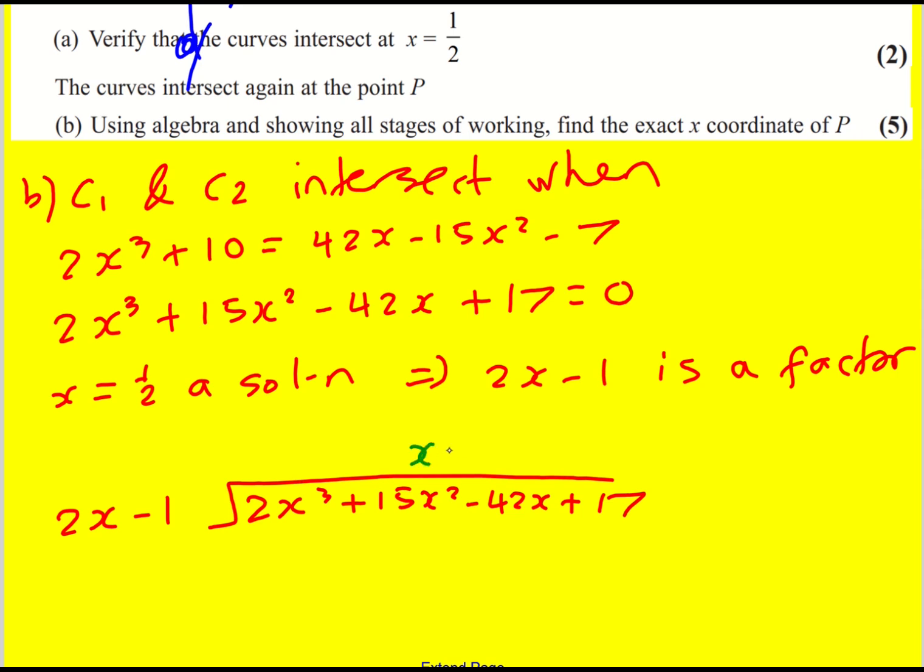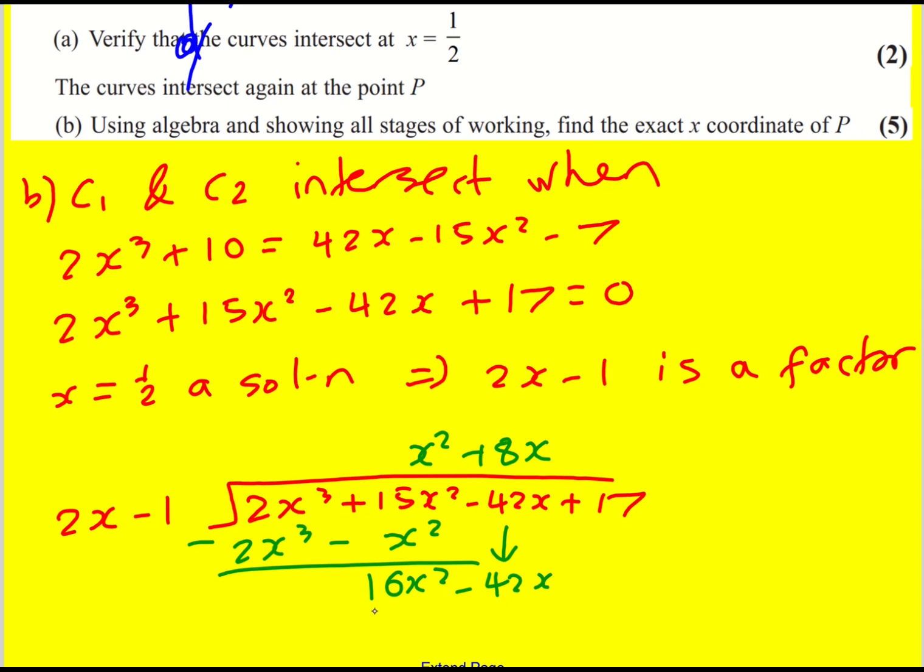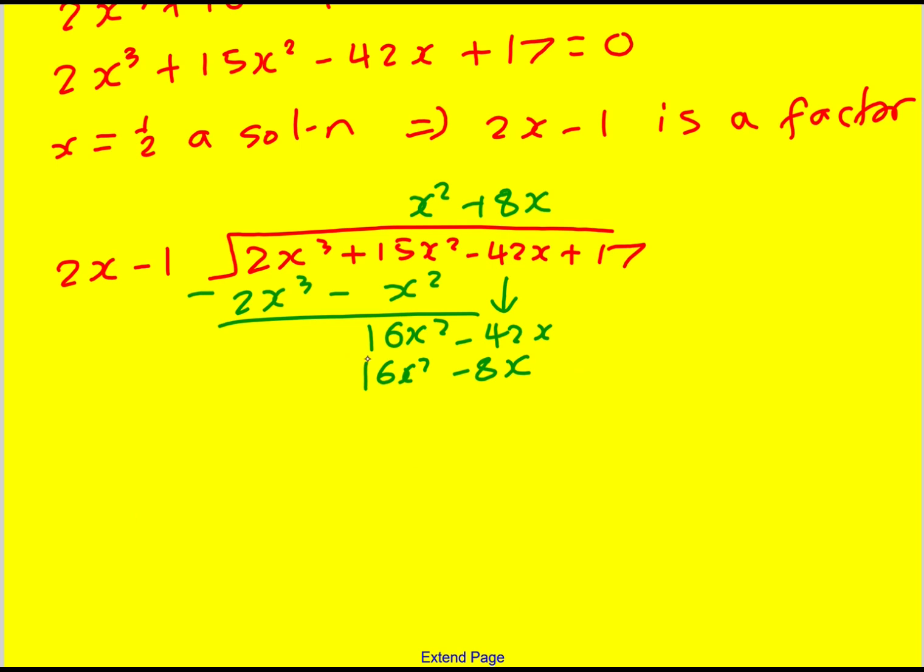So I'll get x squared when I do 2x cubed divided by 2x, multiply back through. Subtract gives me 16x squared. Bring the minus 42x down. 2x into that gives me plus 8x. Subtract gives me minus 34x.